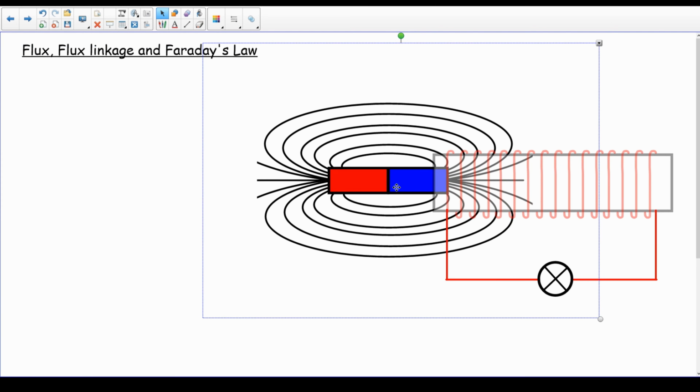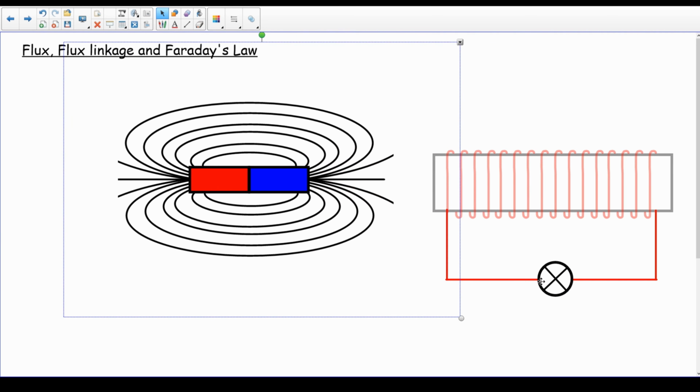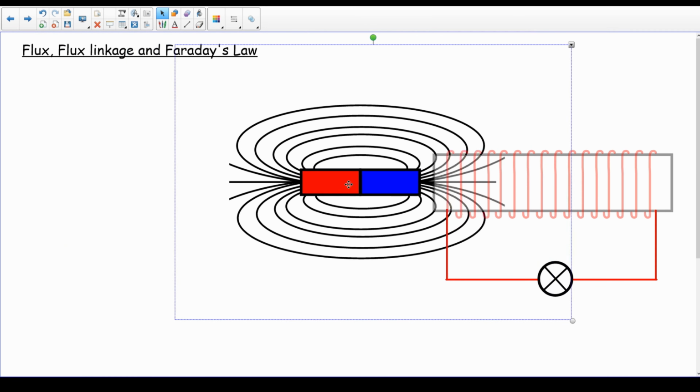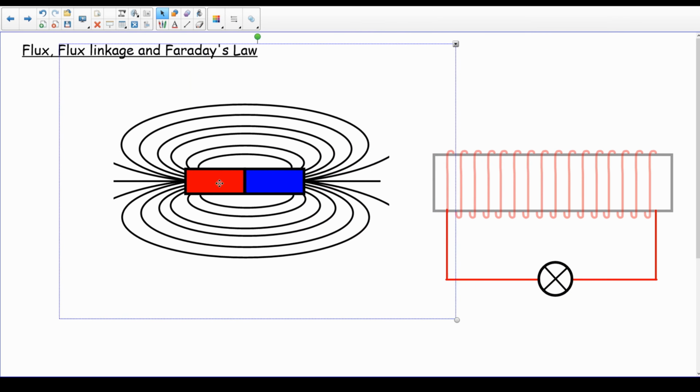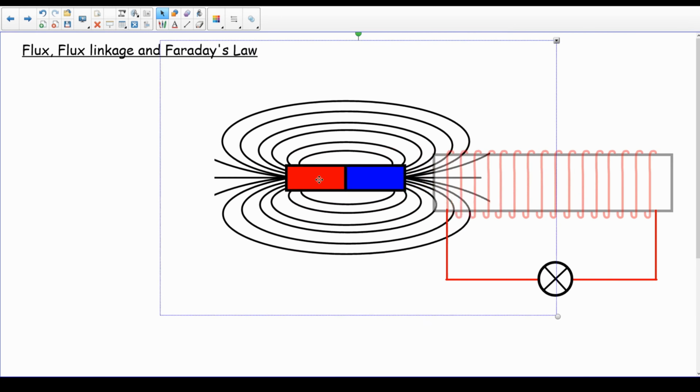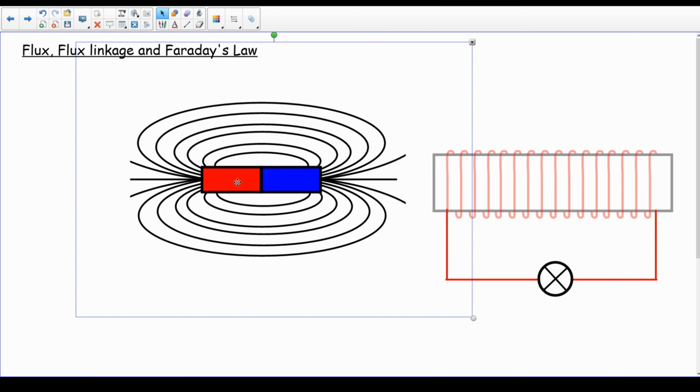If I just set it, even inside it, the light stays off. However, if I withdraw the magnet, the light comes on briefly, and as I move it in, the light lights up. Provided the magnet is moving, I'm going to get some form of current traveling through here.